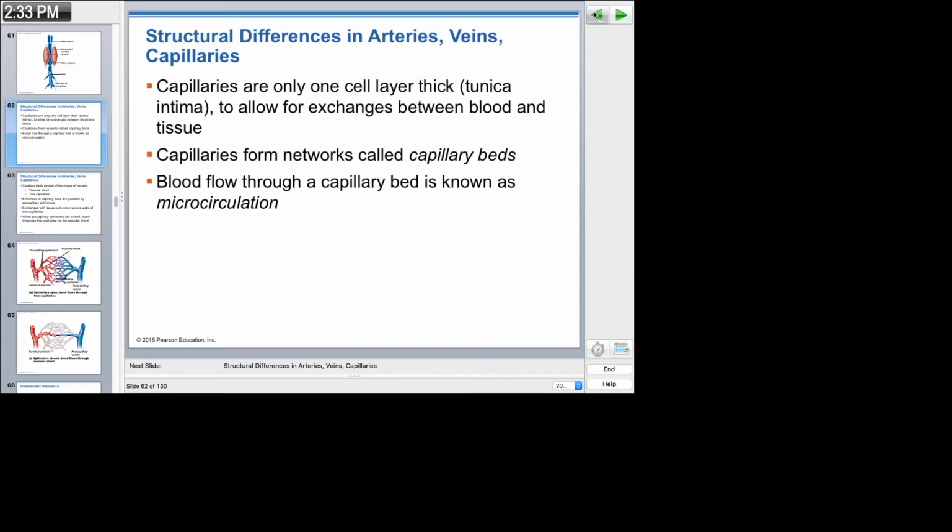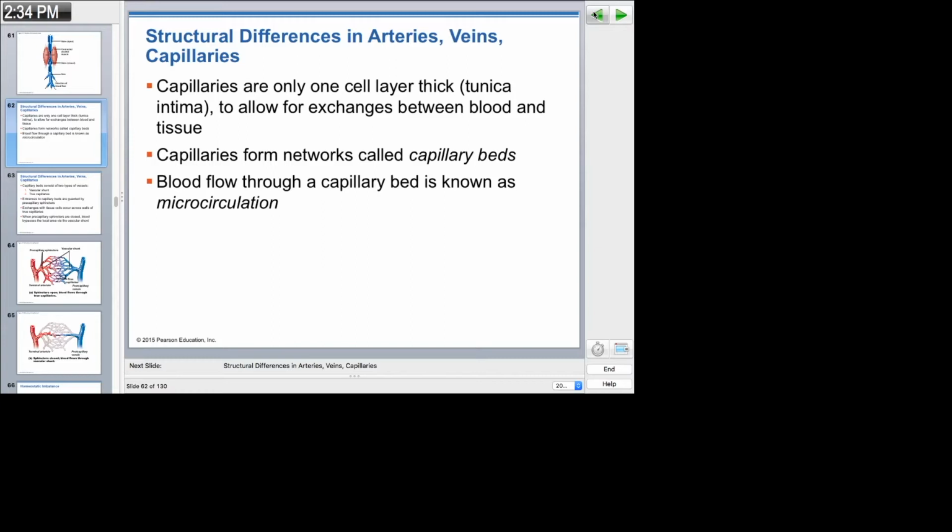Okay, so going back, we've looked at arteries and we've looked at veins and the difference in their structures. The main difference, there's two of them, being arteries have a larger tunica media than veins do. Veins don't need it because they've got the valves inside that help prevent backflow of blood. Moving on to capillaries.